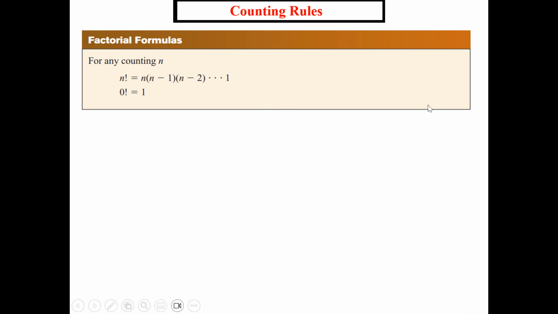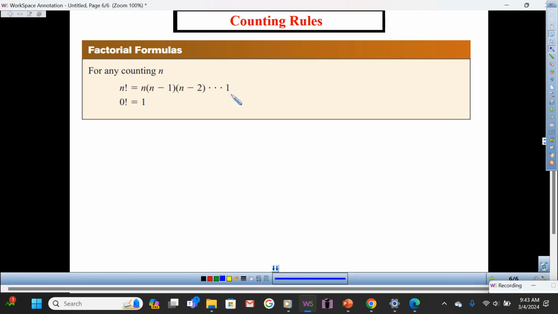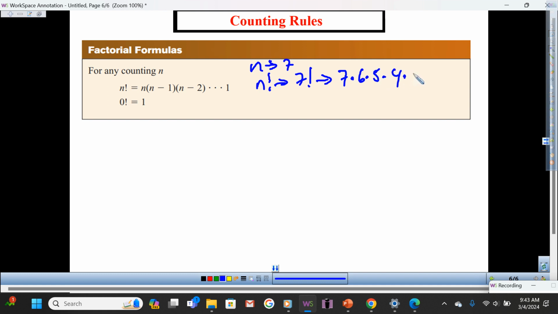Copy that. For example, if n is 7, then 7 factorial is the same as 7 times 6 times 5 times 4 times 3 times 2, all the way to 1. That's what this says. The other thing to remember, whenever you see 0 factorial, that is always equal to 1.